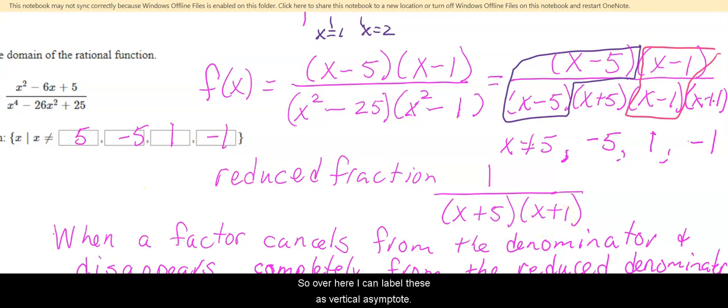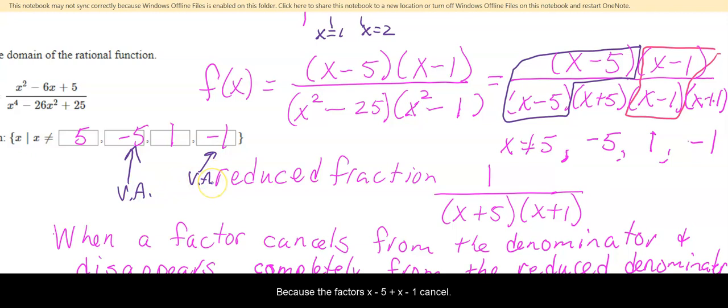So over here, I can label these as vertical asymptotes on the graph. Because the factors x minus 5 and x minus 1 canceled and disappeared from the denominator of the reduced fraction, that means that the 5 and the 1 both produce a hole in the graph.